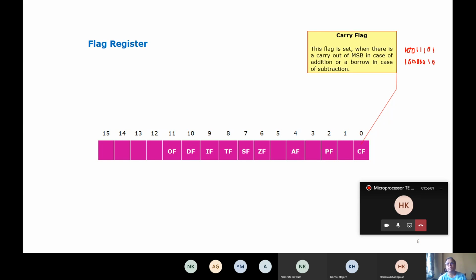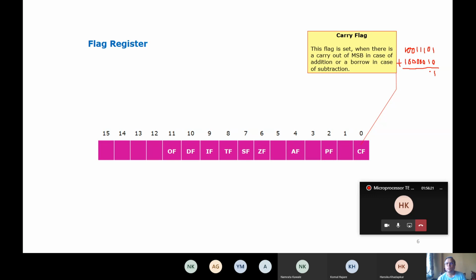Now I have taken two 8-bit numbers. Please excuse me for the handwriting because I am writing by using a mouse pad. But I think it is clearly visible. If I want to add these two numbers, that means an arithmetic operation I am performing, bit by bit the processor will perform addition. So 1 plus 0, the result will be 1.